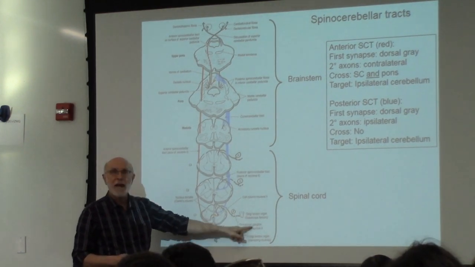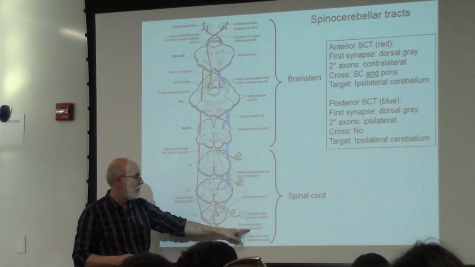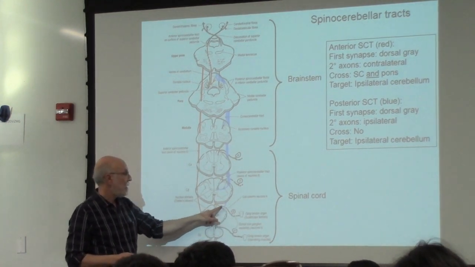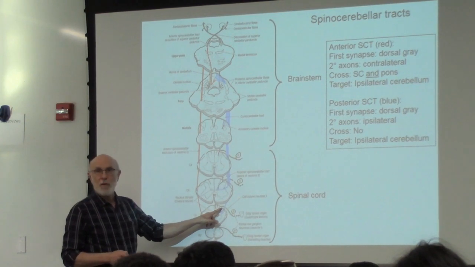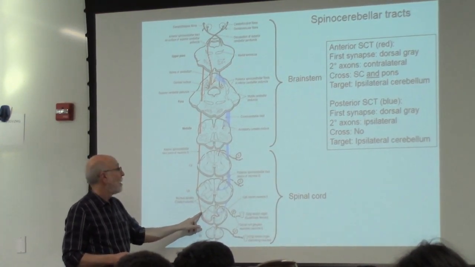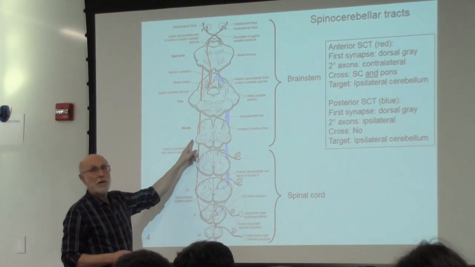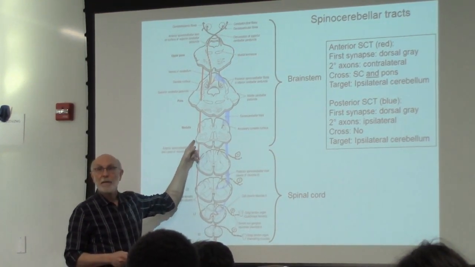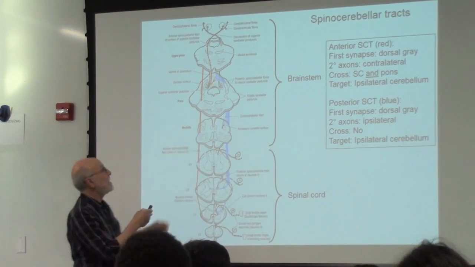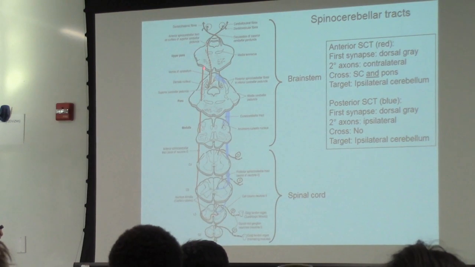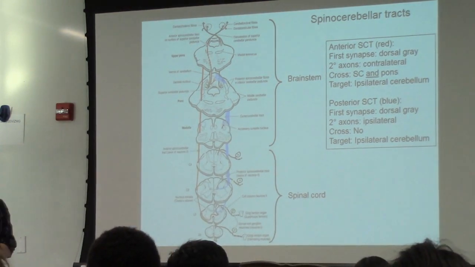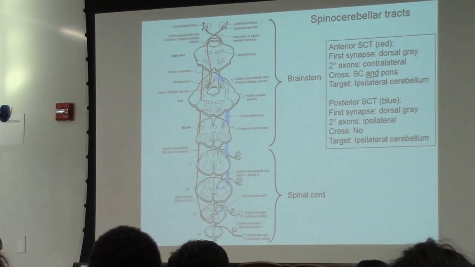This is somatosensory information from muscles, there's the dorsal root ganglion, entering the spinal cord in the dorsal horn, crossing over, going up the anterior spinocerebellar tract. But now something weird happens. In the pons, it crosses over again and ends up in the ipsilateral cerebellar hemisphere.